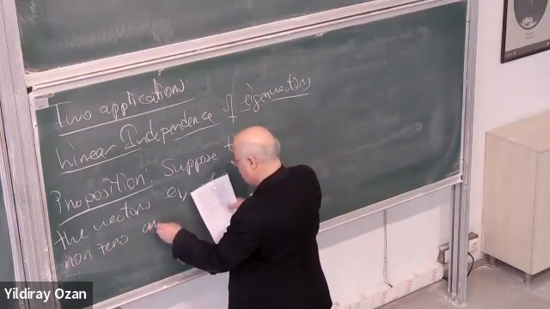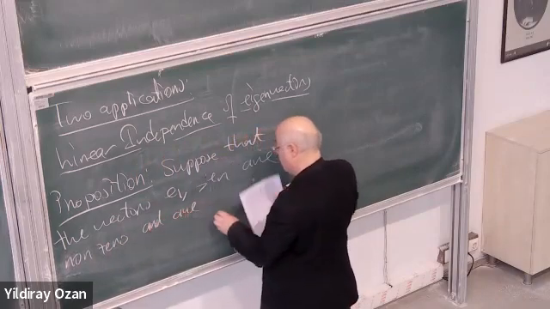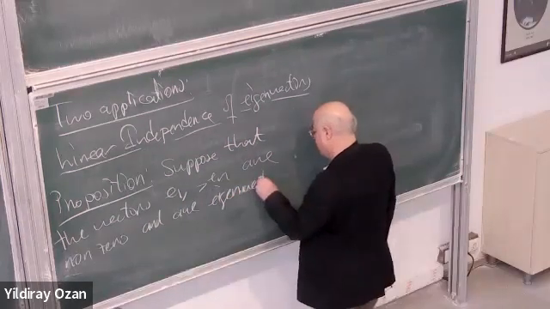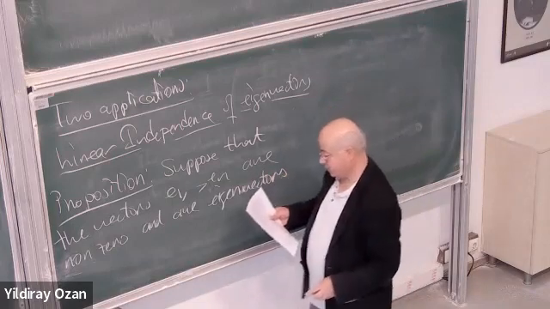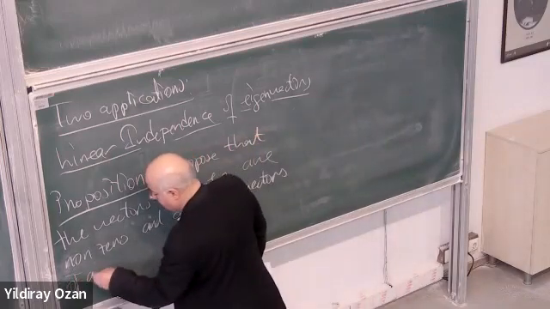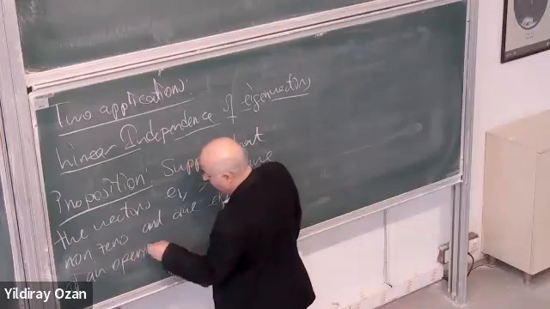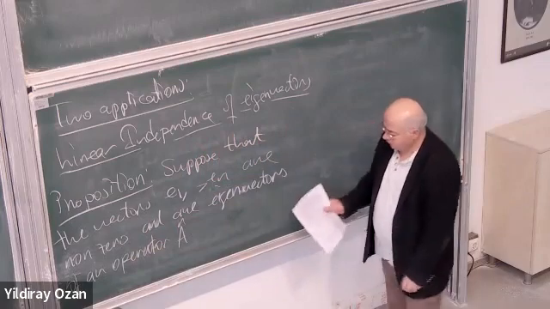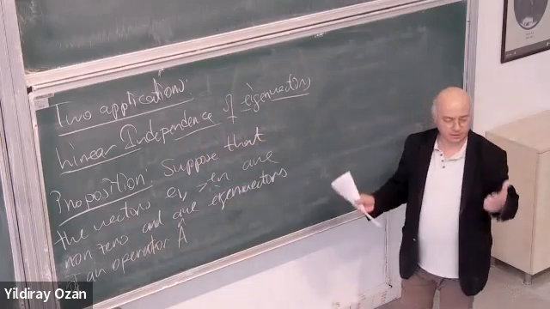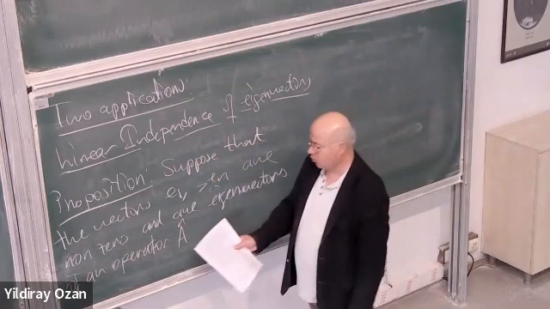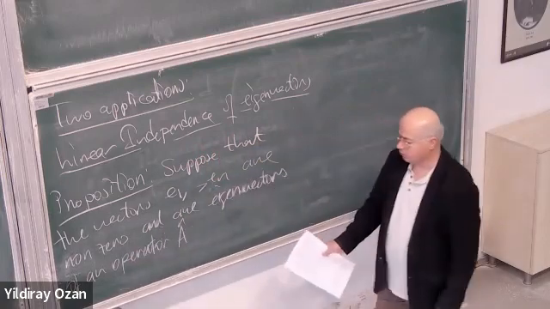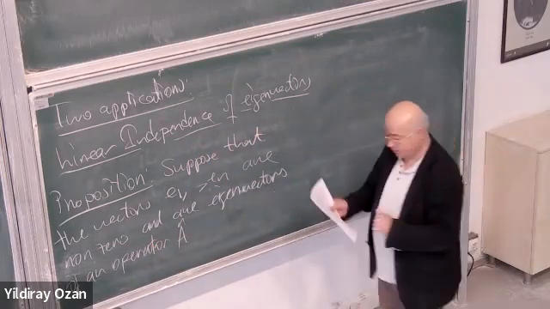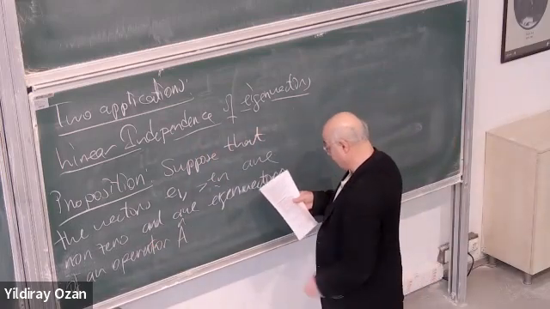Actually, we defined eigenvectors to be non-zero vectors. So this part of the assumption is kind of unnecessary. When you say eigenvector, it is already non-zero.